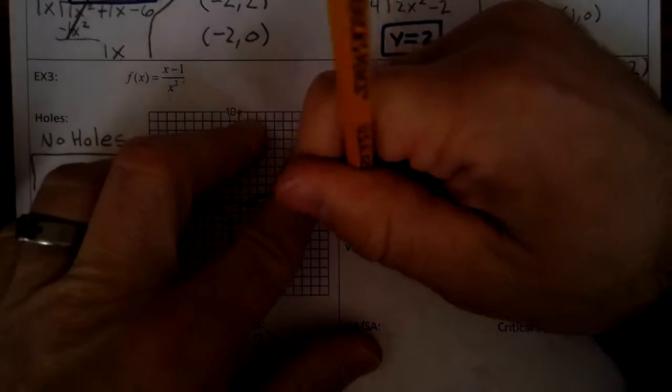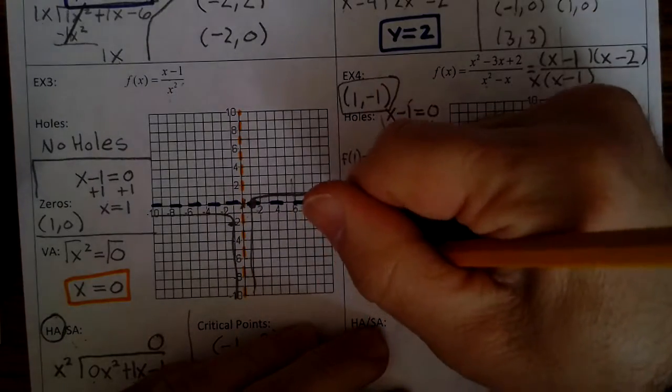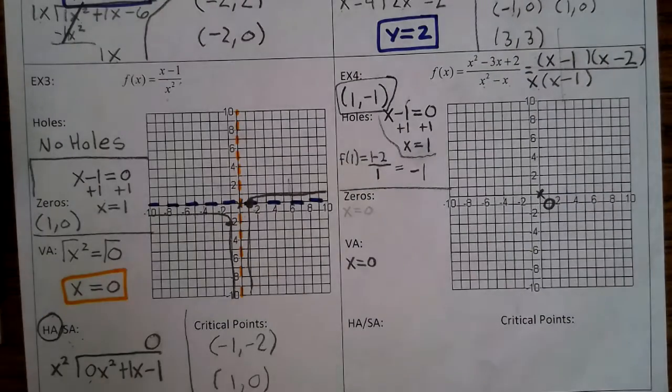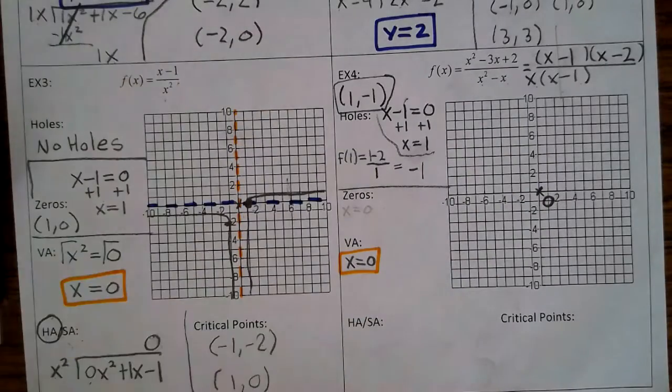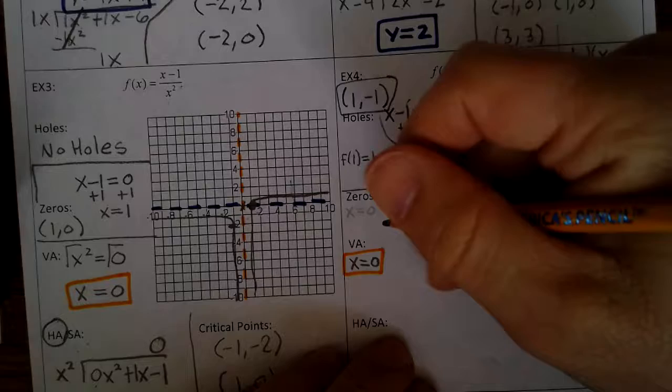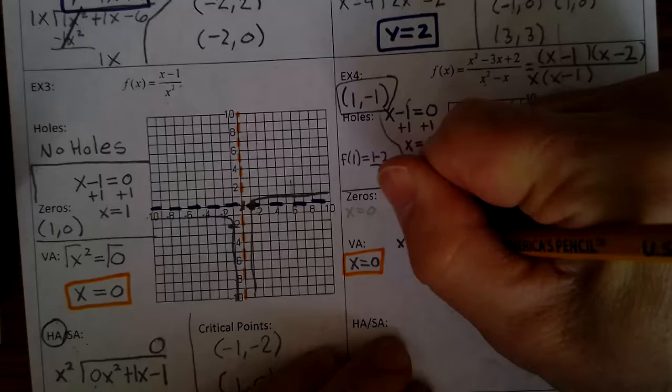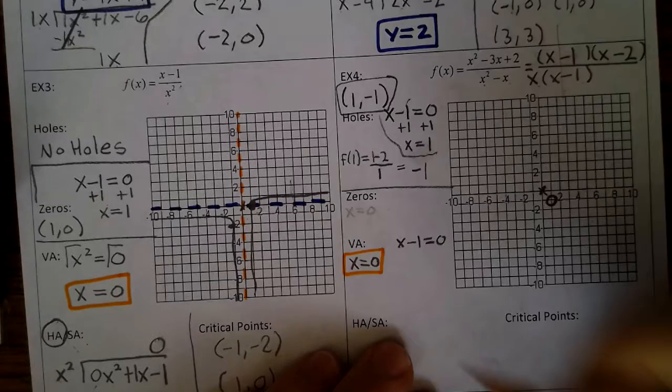And then x minus 1 equal to 0. Let me make sure I leave space for that. So add 1 to both sides. X equals 1. So we have vertical asymptotes at x equals 0.